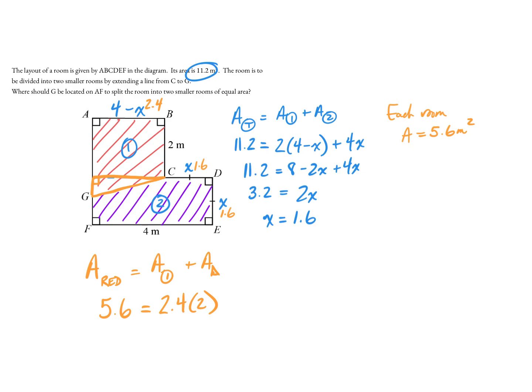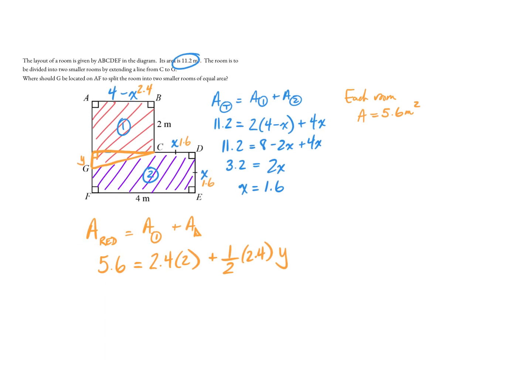I don't know the area of the triangle because I don't know the position of G. But if I used a different variable, and said I'm going to call that dimension Y, then I can calculate the area of that triangle, since I know the area of a right triangle is half the base times the height. And what I just created then was an orange equation where I can solve for the value of Y. So pretty quickly, I can make those calculations.